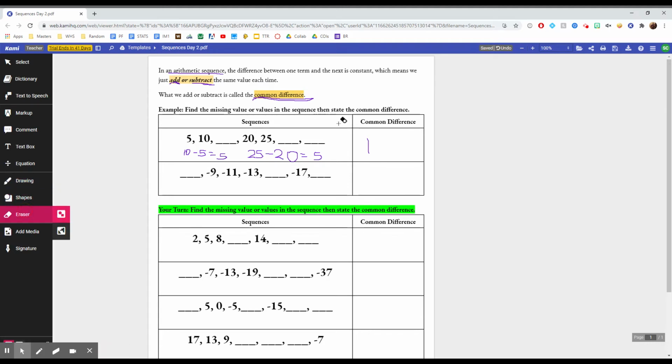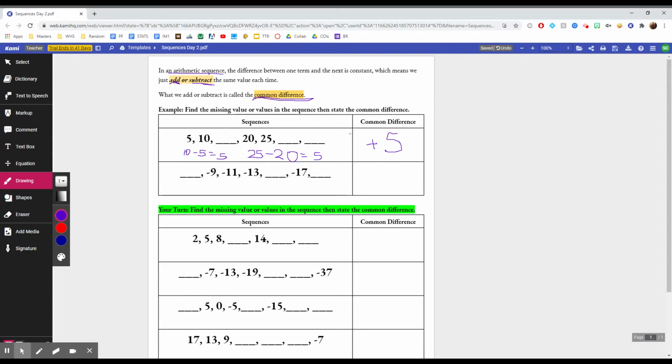Our common difference here is 5. Now we could say we are adding 5, we could put plus 5, or just put the 5 on its own. It doesn't really matter much.